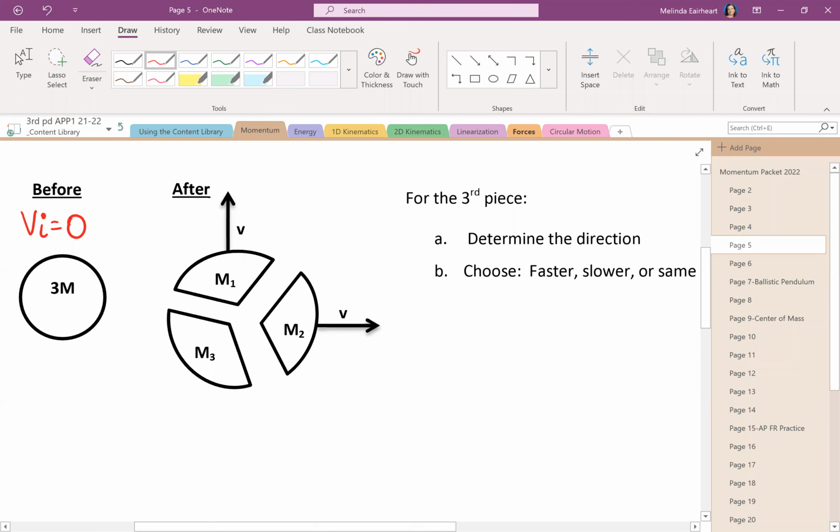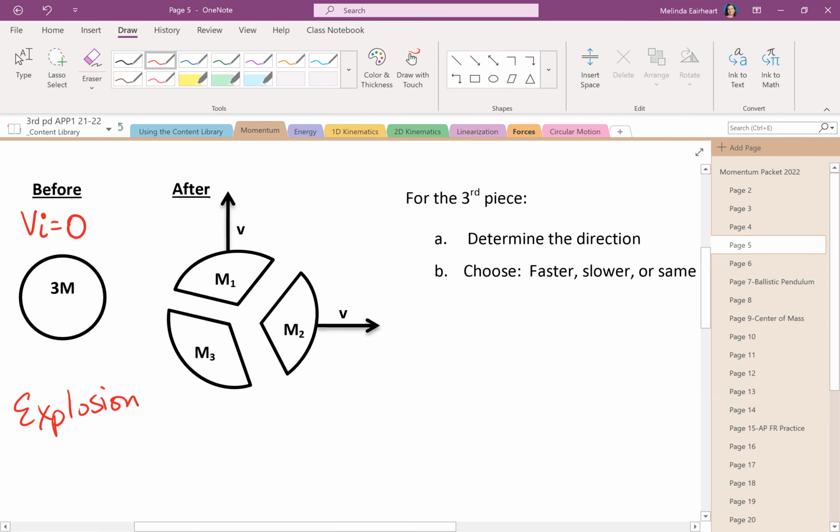And then after the collision, I got 2 pieces, or 3 total pieces, but 2 have given velocities. Now we'll be asked what direction. What kind of collision is this? This is your explosion, right? Maybe it's a literal explosion.